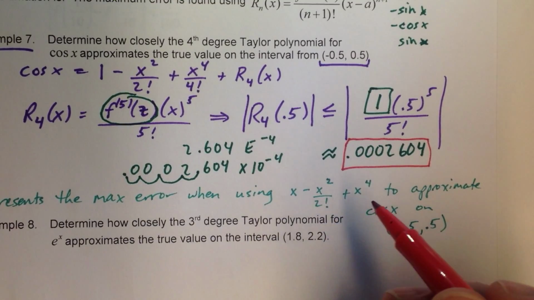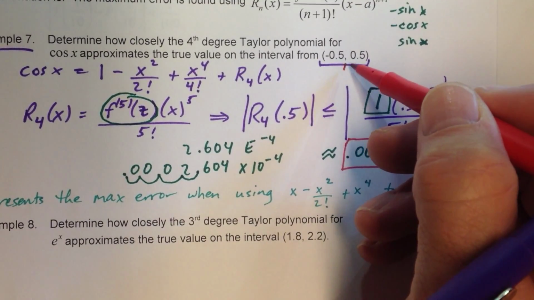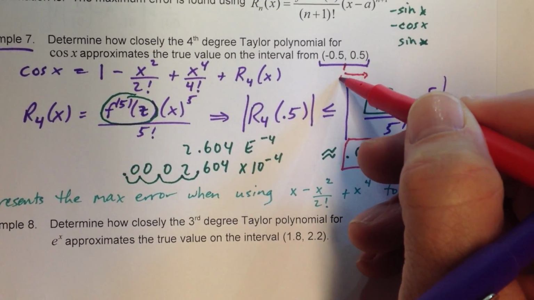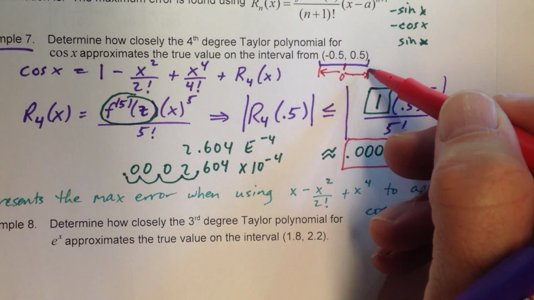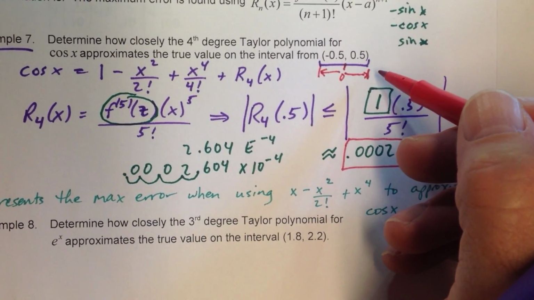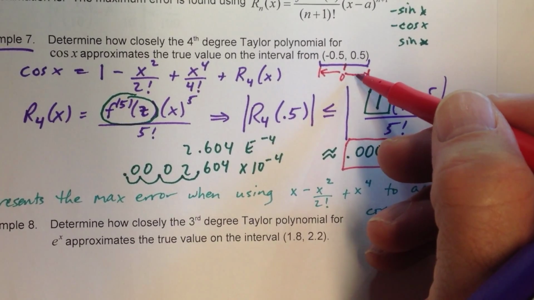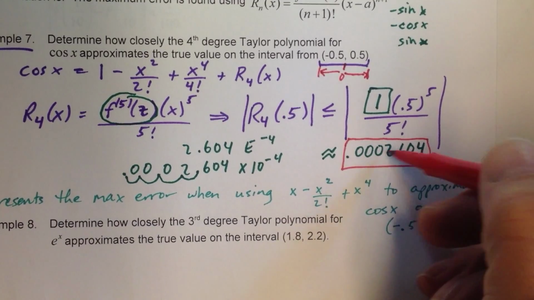And it should be noted also that we didn't choose a value in between 0 and 0.5 because we know the further we get away from 0 on the number line, either left or right, the greater the error is going to be. Okay, so we could have chosen 0.4 here, but that would have given us a smaller error than what we got here.